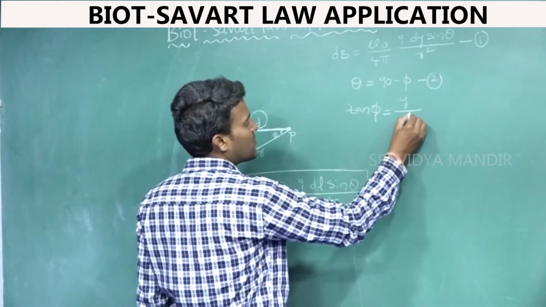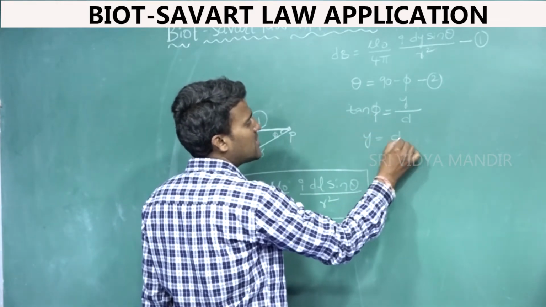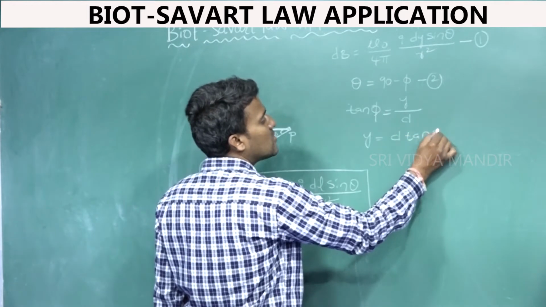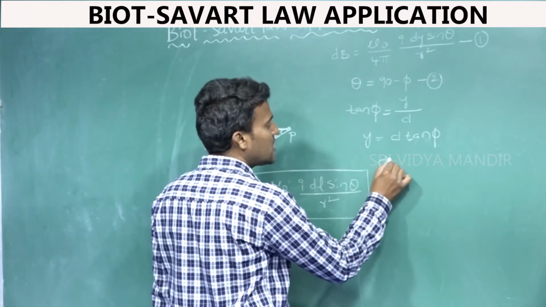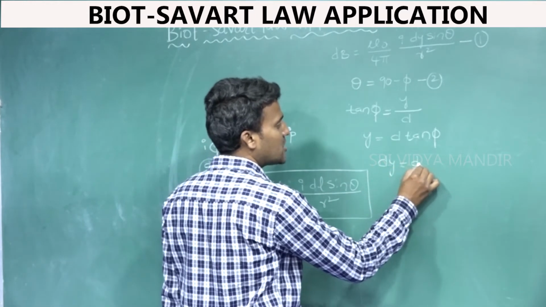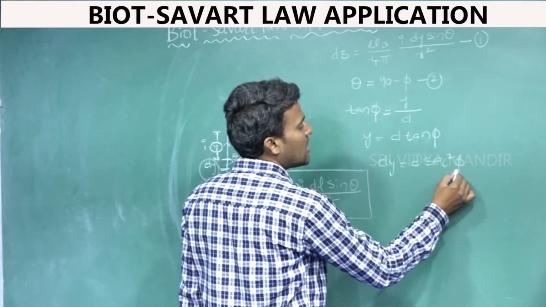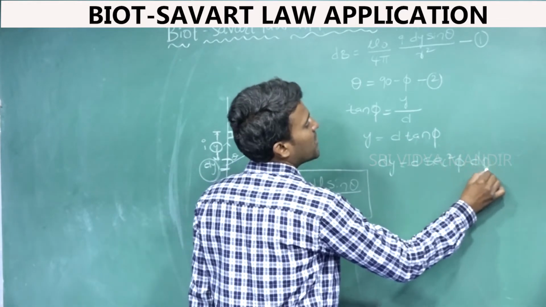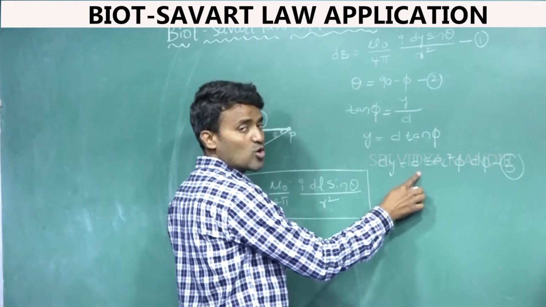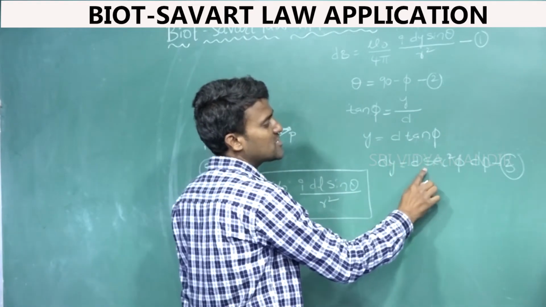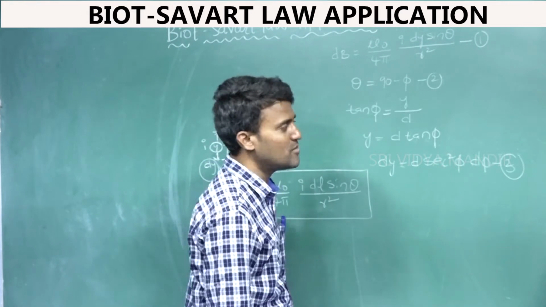Adjacent side is D. So y is equal to D tan phi. Now differentiate this equation: dy is equal to D into sec square phi d phi. D is constant, the differentiation of tan phi is sec square phi, and of phi is d phi. That is equation number 3.